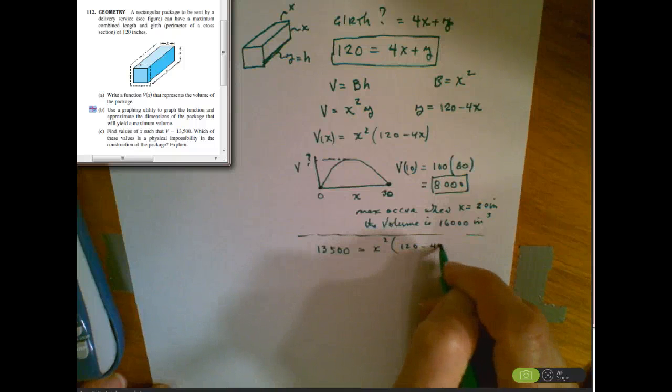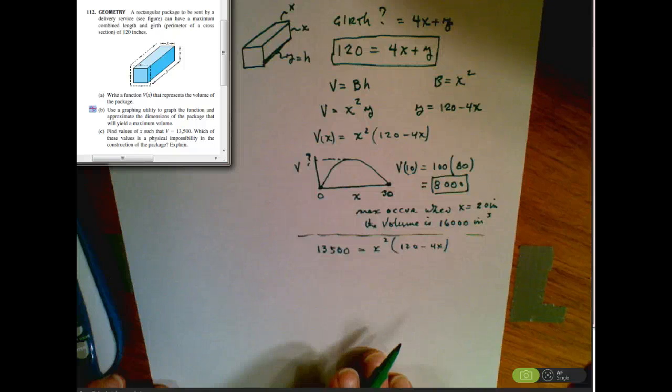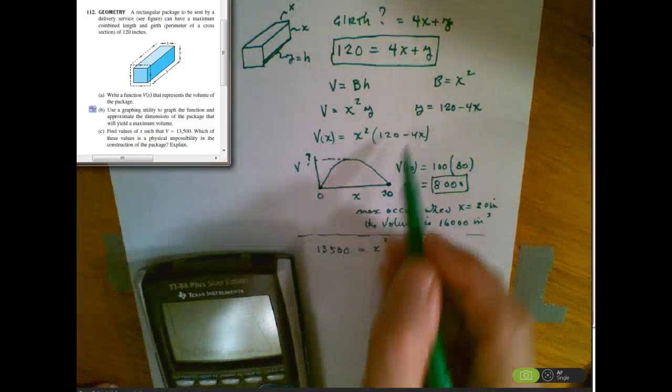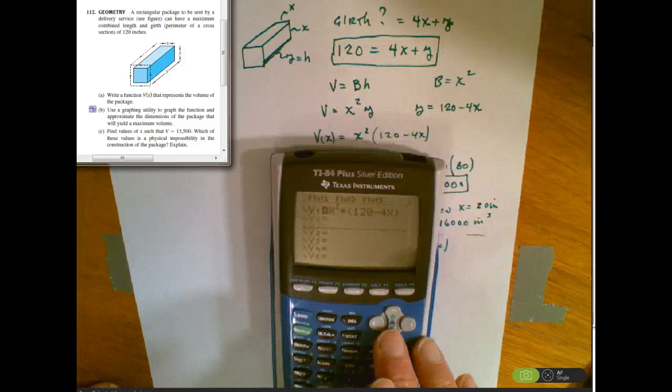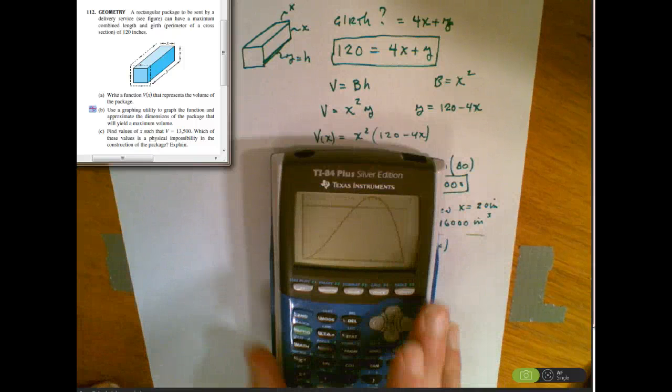We'd have to solve for x here, and I think a nice, easy way to do this would be to use the calculator. Since we have this function already in the calculator, let's put another value in, 13,500 here, and then see where they intersect.